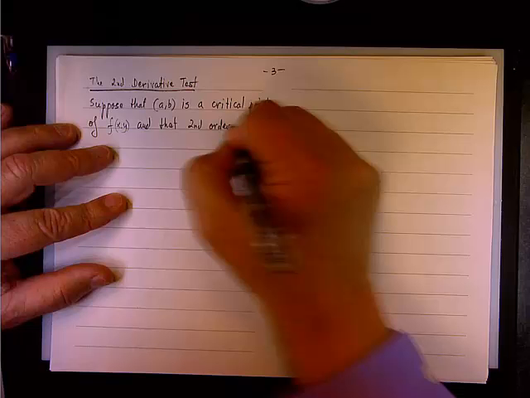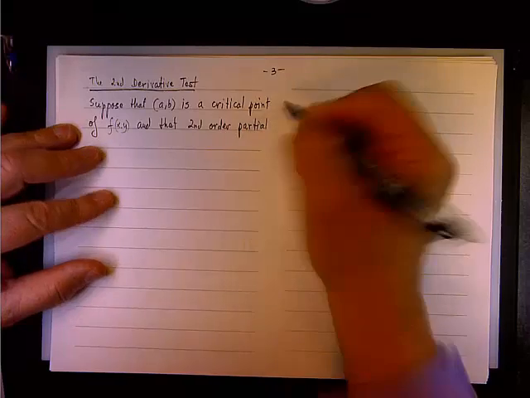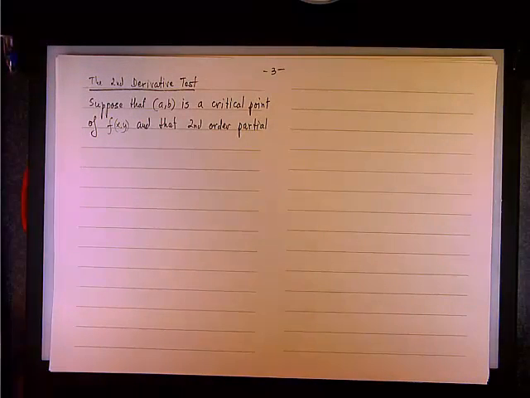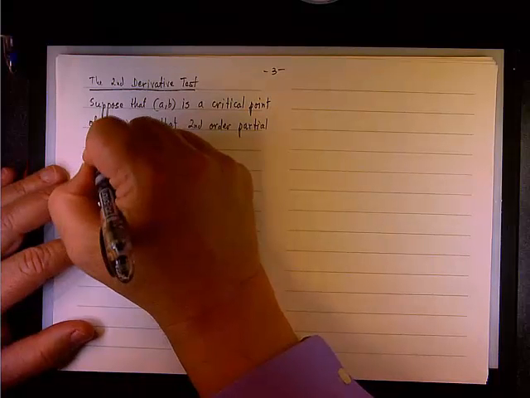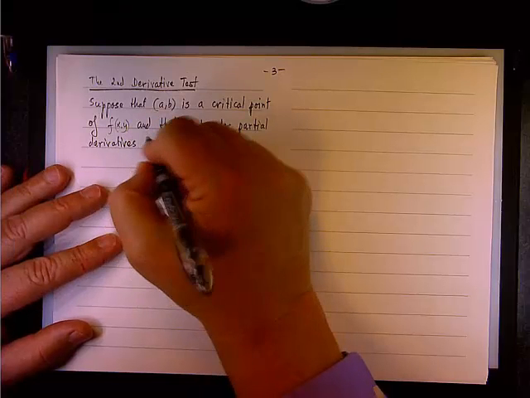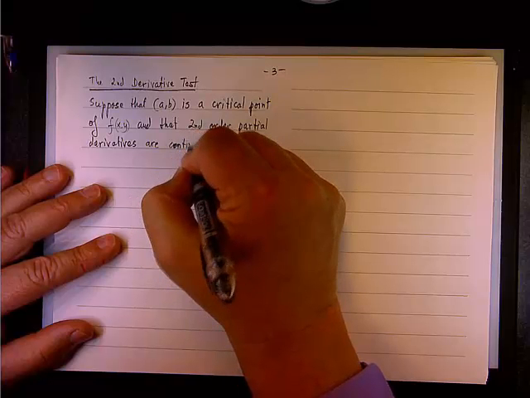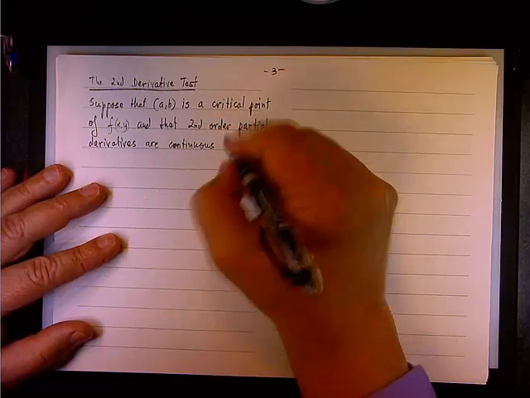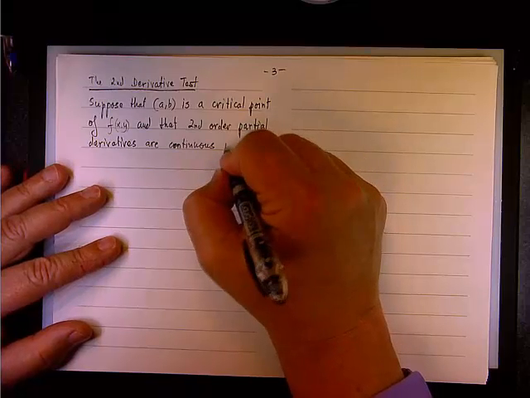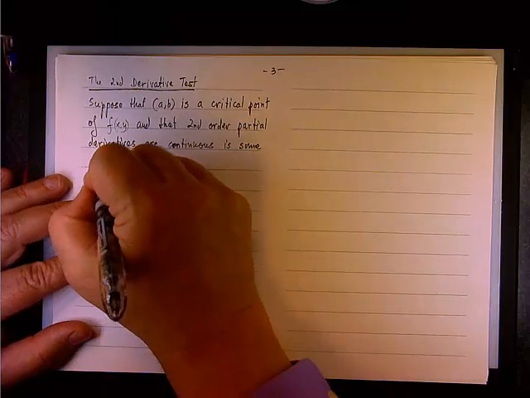And that the second order partial derivatives, remember that will be f sub xx, f sub yy, and f sub xy, are continuous in some region containing (a, b).